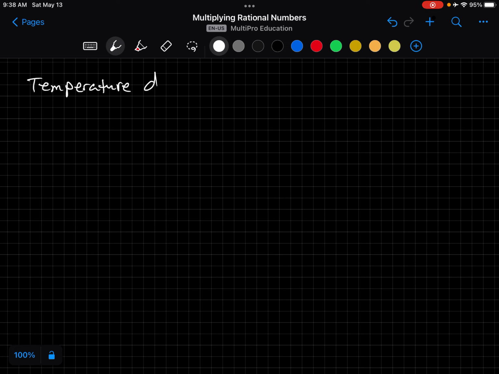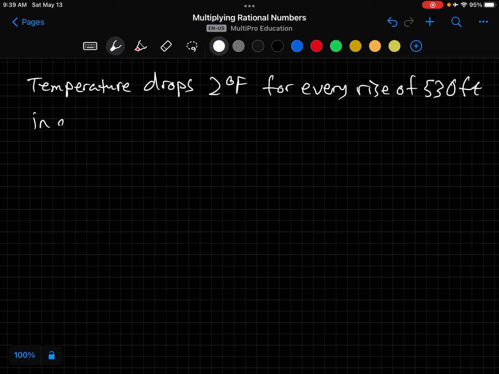Let's say that temperature drops 2 degrees Fahrenheit for every rise of 530 feet in altitude.